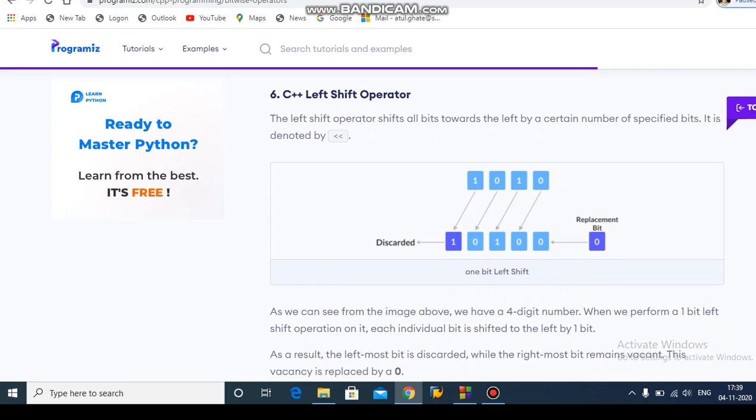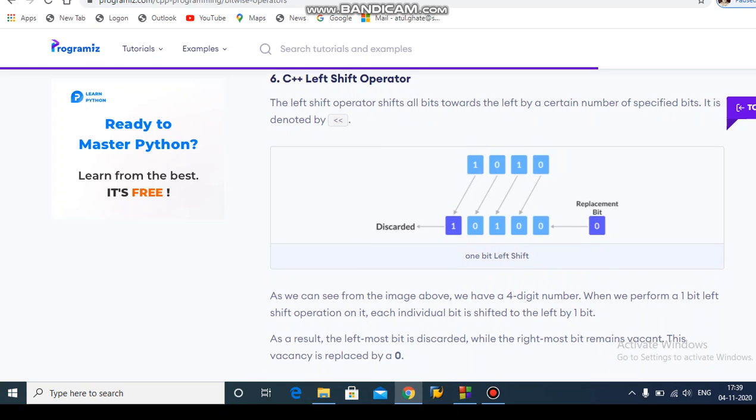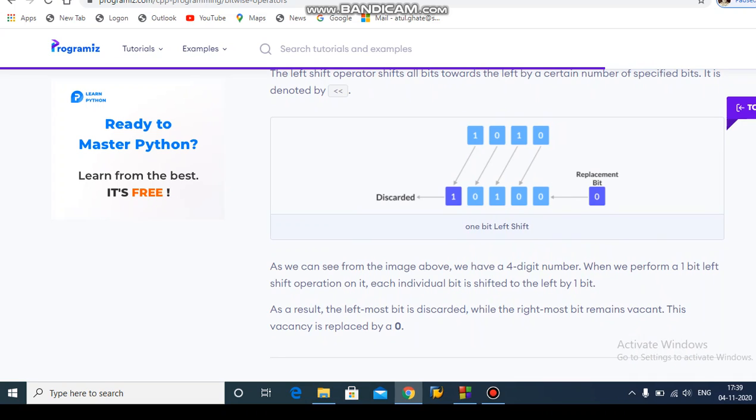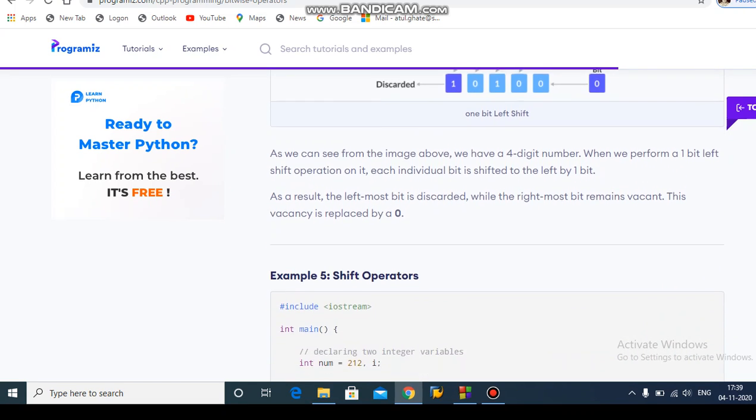We perform a 1-bit left shift operation on it. Each individual bit is shifted to the left by 1 bit. As a result, the leftmost bit is discarded while the rightmost bit remains vacant. This vacancy is replaced by 0.